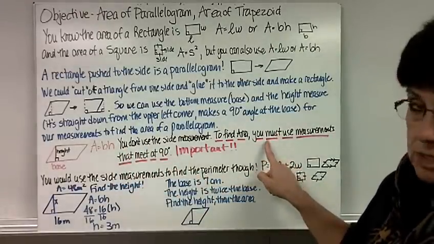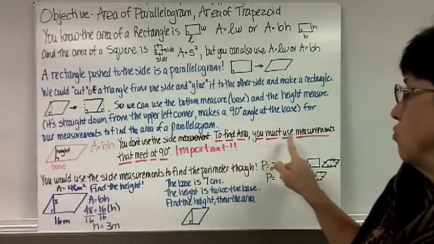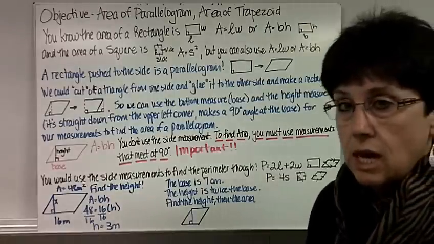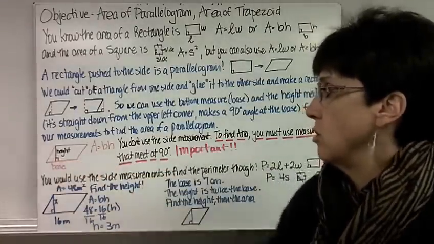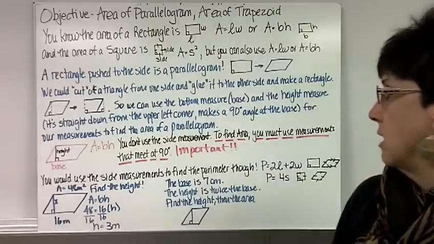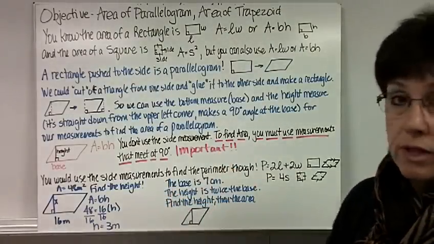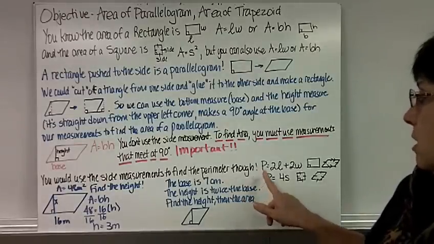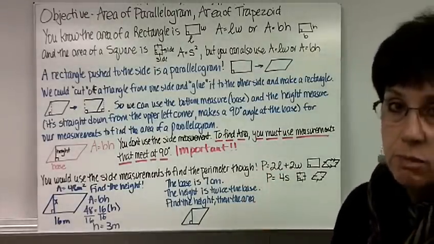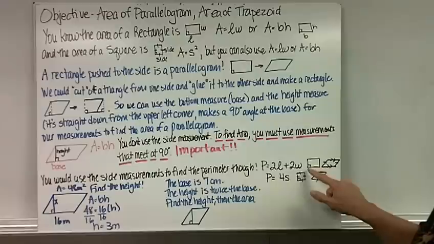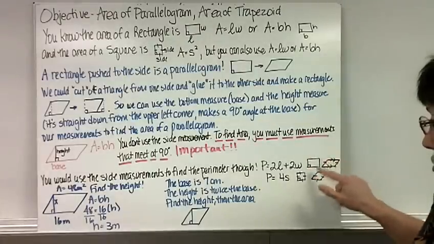This is very important. To find area, you must use measurements that meet at 90 degrees. You must have the 90-degree indicator for area. This is very important. But you would still use the side measurements to find the perimeter of a parallelogram. The perimeter is still 2 times the length plus 2 times the width, because there are 2 lengths and 2 widths.